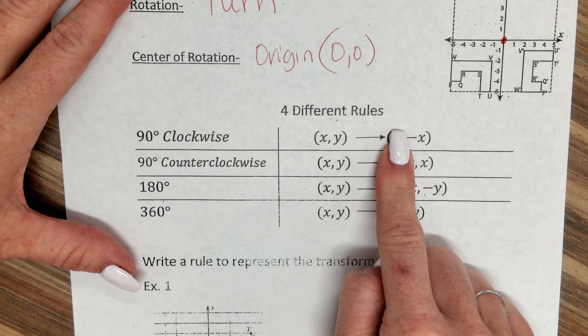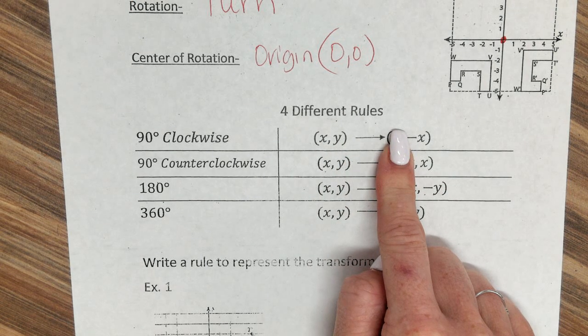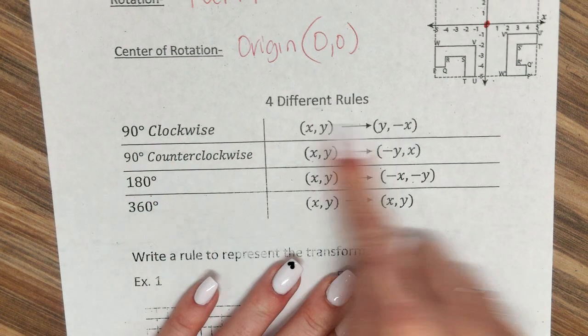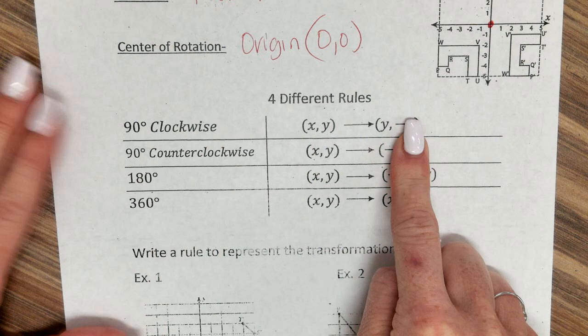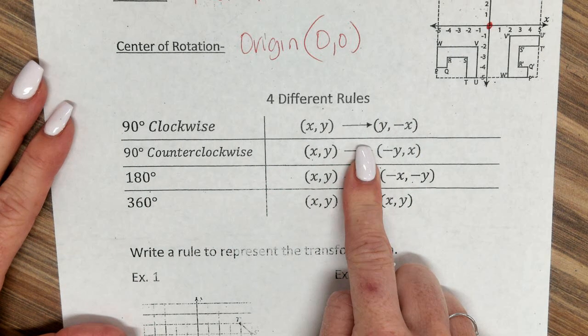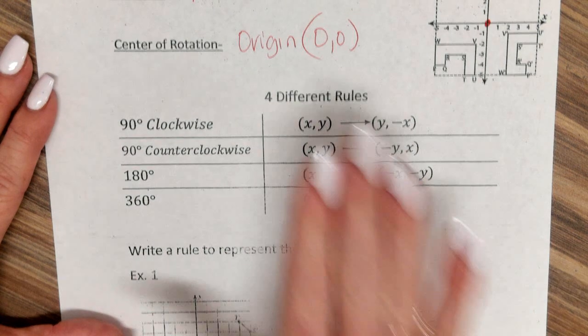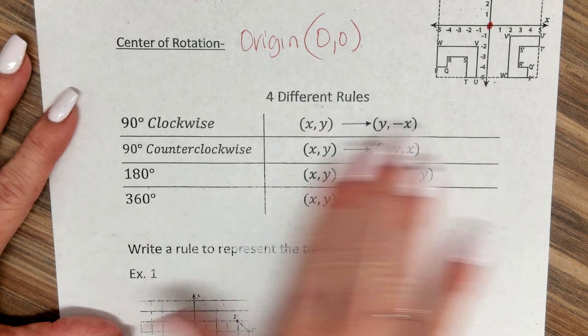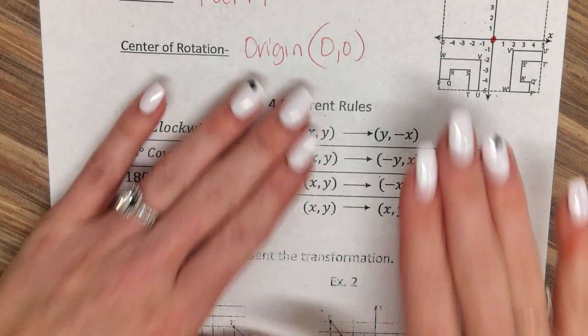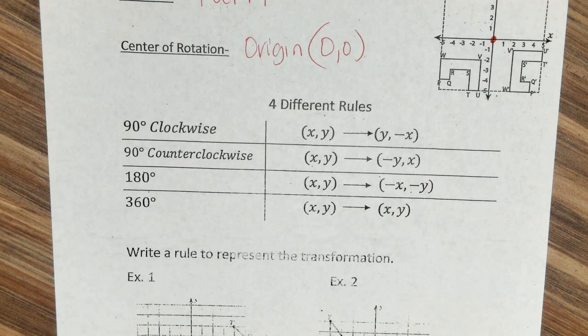That's your answer. Easy? The answer's right there. 90 degrees clockwise, here's your rule. If it says 90 degrees counterclockwise, there's your answer. Do y'all understand? These are your answers. These are the rules. But are you going to have these rules when you take your STAR test? No.